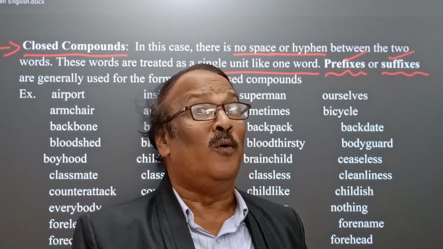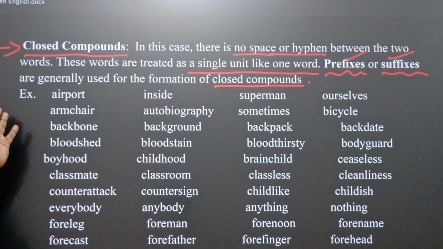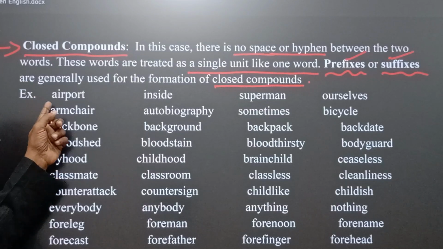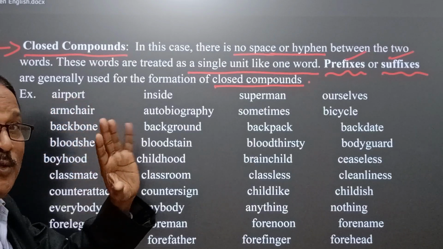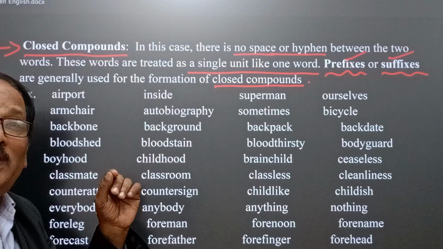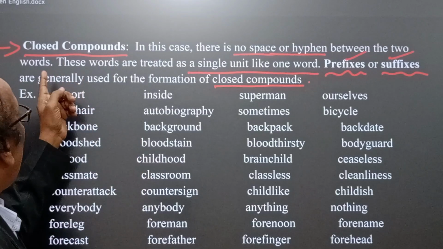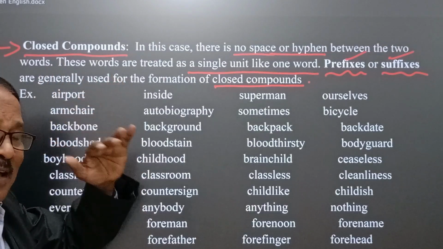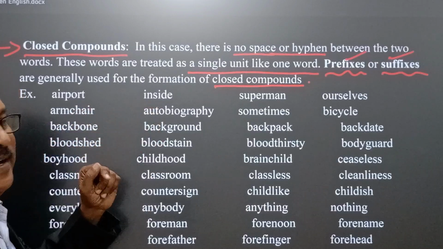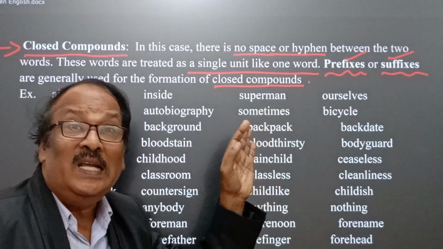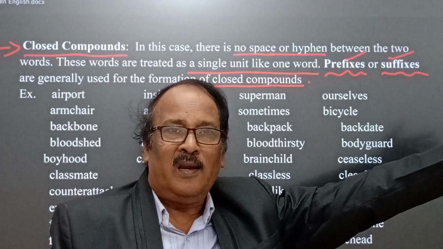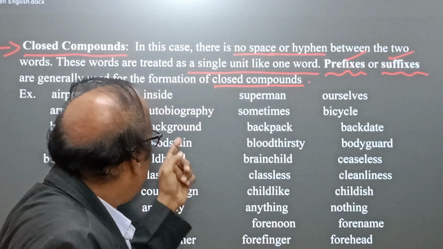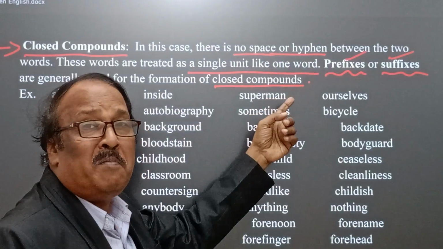Yes, then how? Airport, you see: air, noun, port is also a noun, but there is no space. You see, this is what you call a closed compound. And inside, there is no gap inside. We are inside the room. Some others are standing outside the room: inside, outside, Superman.